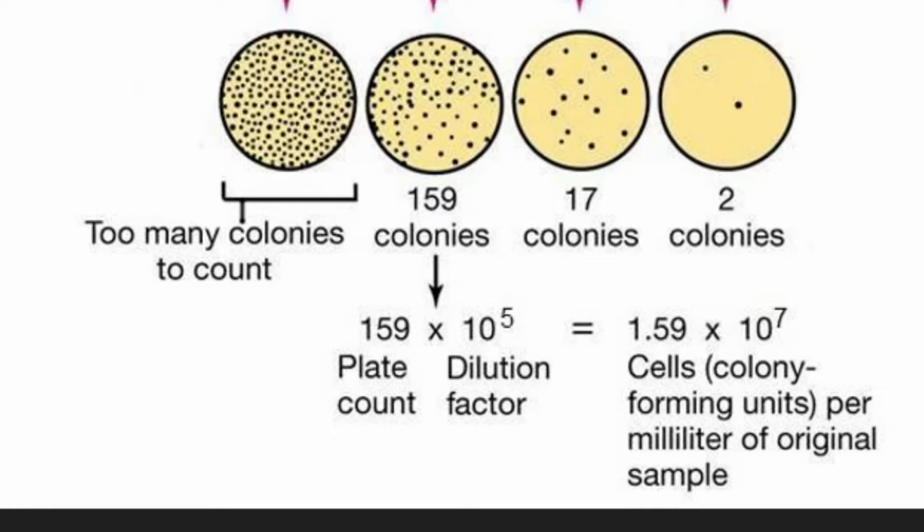And so these plates, though they come from tubes that are 10 to the minus 3, minus 4, minus 5, and minus 6, the plates are actually more dilute. So that first plate is diluted 10 to the minus 4. The second plate is diluted 10 to the minus 5. The third plate is diluted 10 to the minus 6. And the fourth plate is diluted 10 to the minus 7.